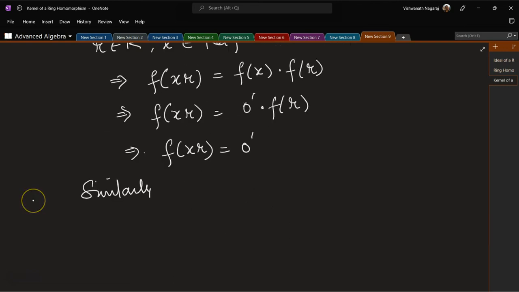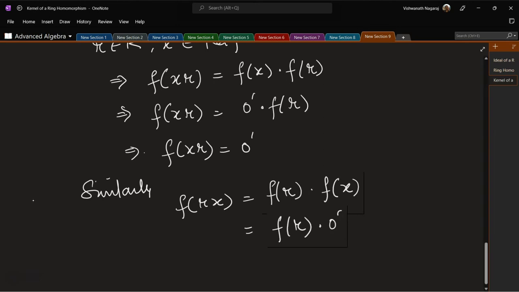Similarly, let's look at it the other way around. f of rx is equal to f of r times f of x. But if x belongs to kernel of f, that means f of x maps to 0 prime. So f of rx is equal to 0 prime.